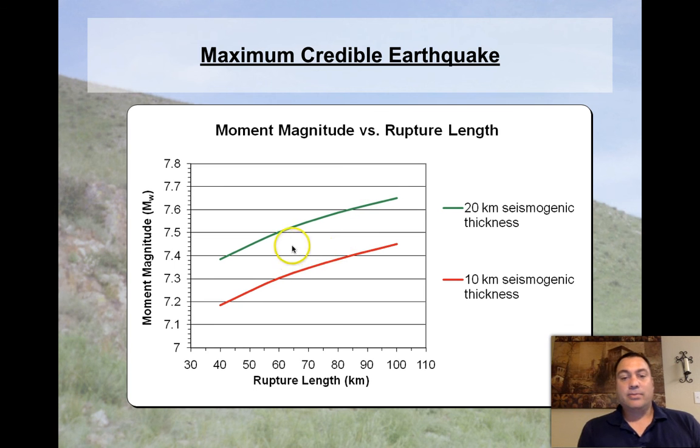In the case of, let's say that only half of it moves, about 50 kilometers, you're still looking at a magnitude 7.2 to 7.3 on a 10 kilometer seismogenic thickness estimate. So between a 7.2 and a 7.6, these seem to be really reasonable numbers for what the Hustain fault can do.